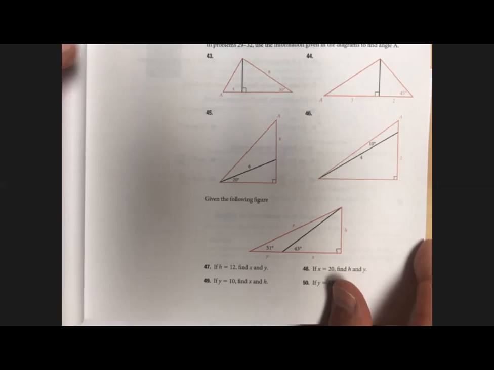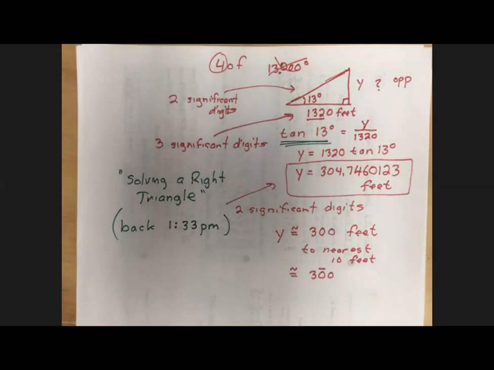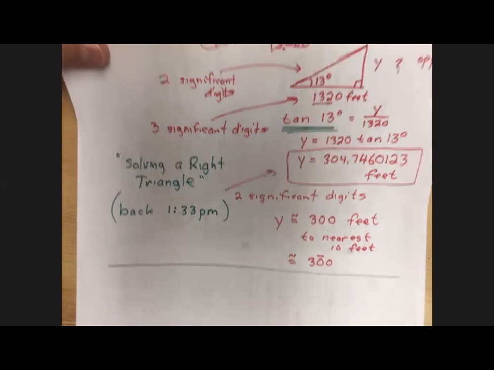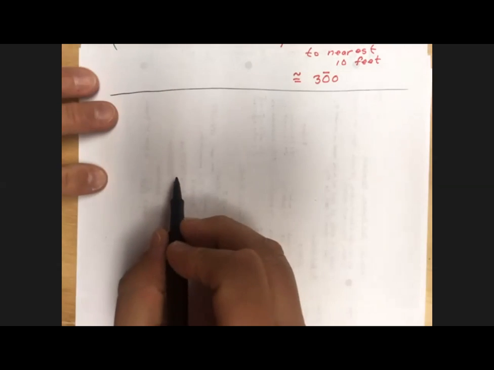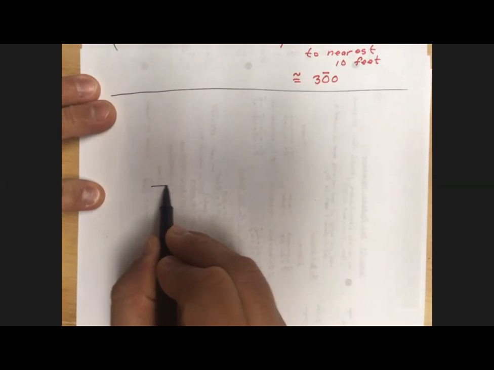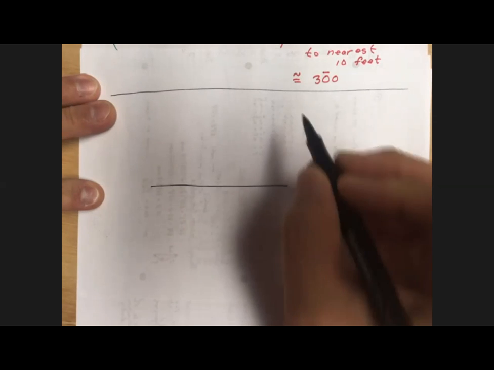Well, let's try it out. I'll draw a picture here. Like the book, and I'm going to use different numbers, but it'll be a picture like the book. So I'm very far away from a tall building.